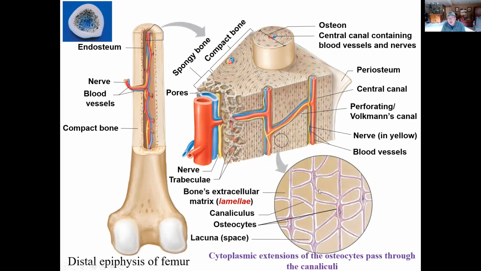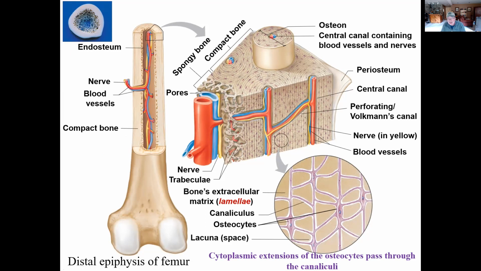We've talked again about the presence of osteocytes in lacunae, one osteocyte per lacuna. We've already talked about these concentric rings, what look like rings of a tree. These are called lamellae. It's basically the extracellular matrix, because remember, this is technically a tissue.